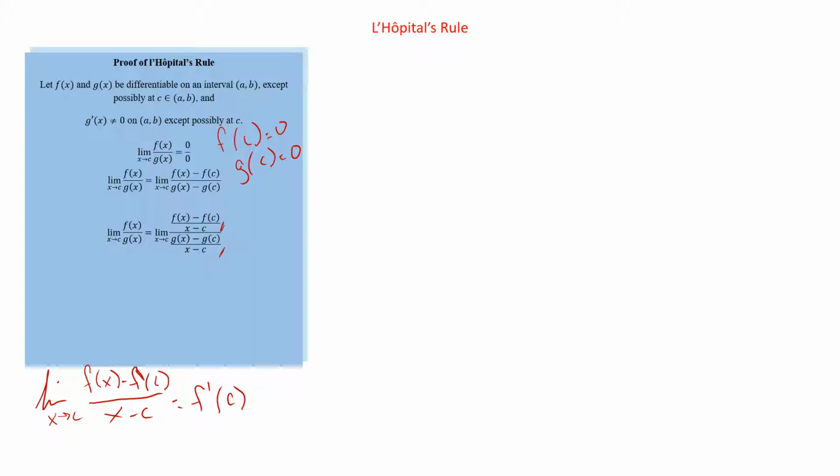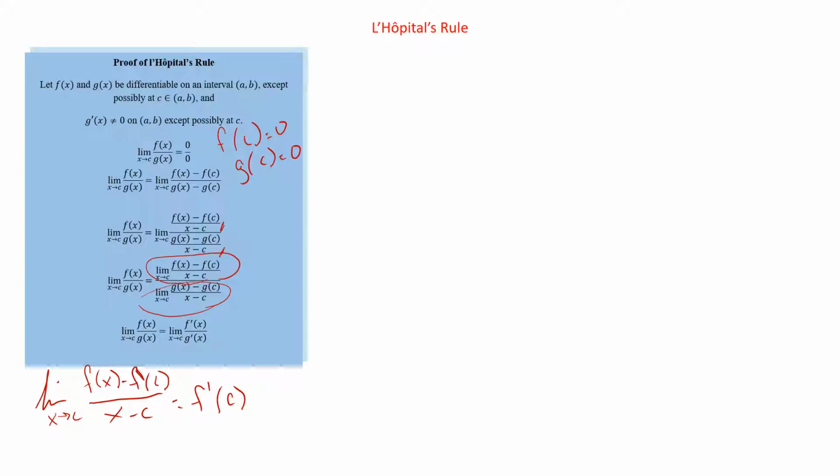We just need to split up the limit, which we can do, it's a quotient. And then we have the derivative of f of x over the derivative of g of x. And so the limit as x goes to c of f of x over g of x equals the limit as x goes to c of f prime of x over g prime of x.